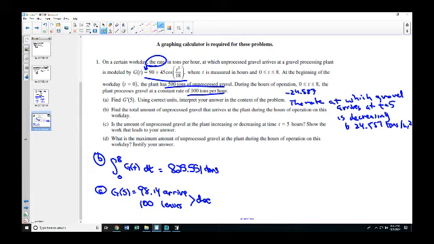And then we can also go into what is the maximum amount of unprocessed gravel at the plant during hours of operation in this workday. So how do we find the total amount? The integral from 0 to 8 minus 800, because you get rid of it.